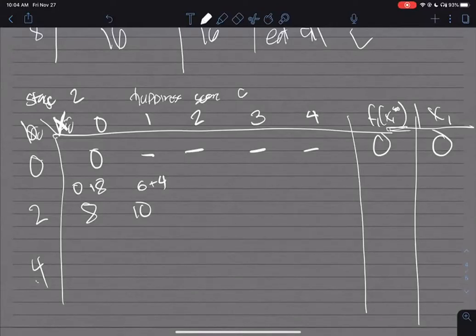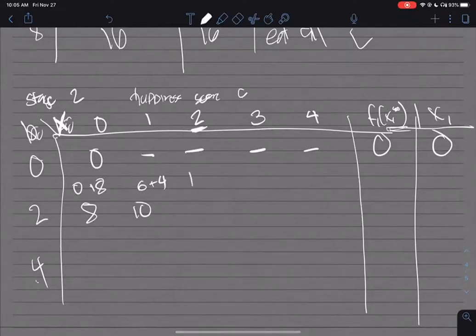Bakit 6 plus 2? Ilang marshmallows yung kakainin natin today, Patricia? 2. Happiness score per marshmallow is 6. So happiness score today is 12.